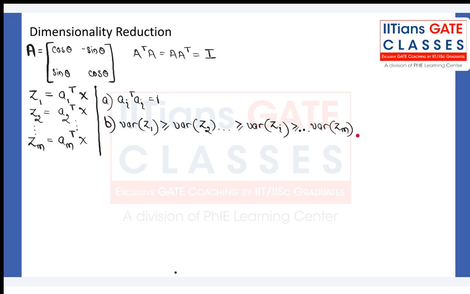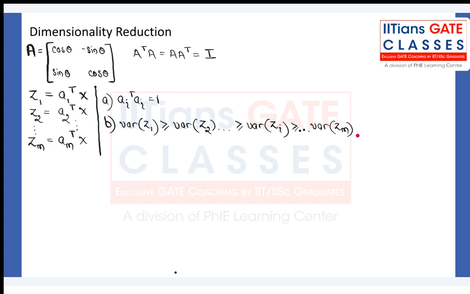Now, depending on the value of i, you might have the value of i as 2. So you will only get Z1 and Z2. You might have the value of i as 3. You'll get the vector Z1, Z2, Z3. It all depends on what is the value of i. That many features or dimensions you can finally extract, and that's what gives you the final reduced dimension.